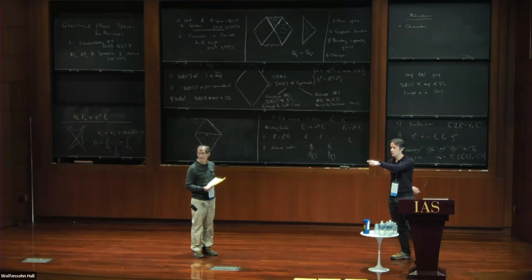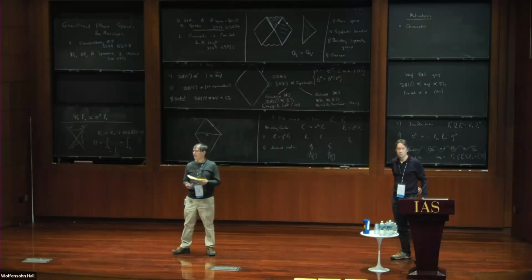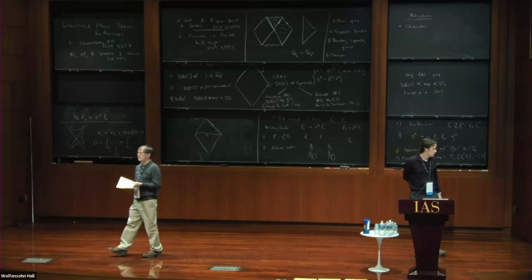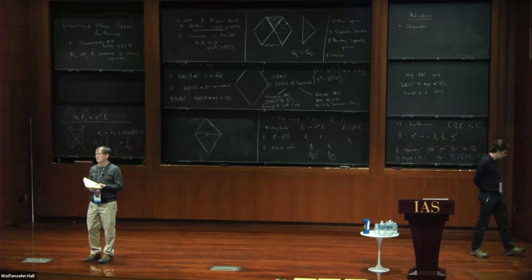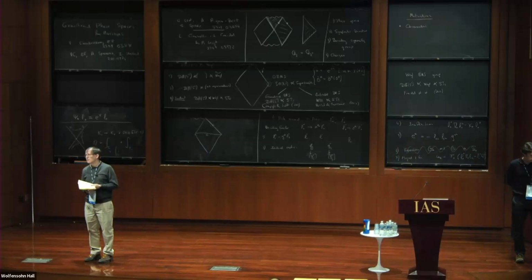You have one more follow-up? I have a follow-up question, yes. In regards to the symplectic forms for the smaller cuts of the horizon, I have a question about the consistency of these with the larger symplectic form.